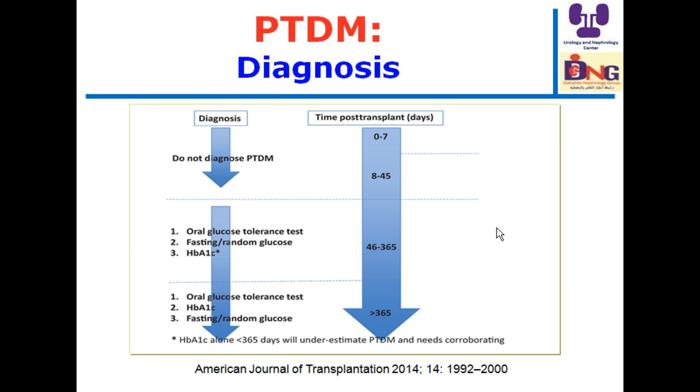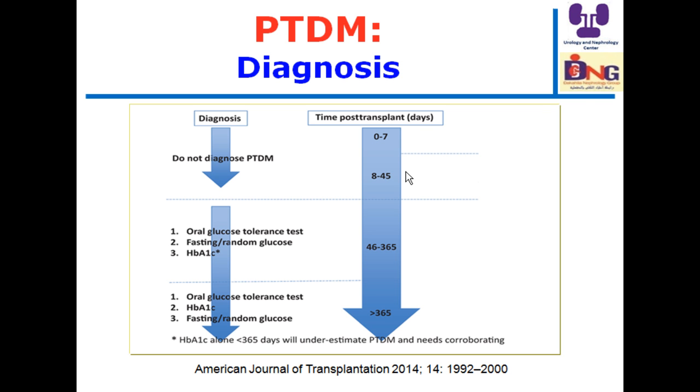So what about the diagnosis? Diagnosis of post-transplant diabetes is dependent upon the onset of hyperglycemia and its persistence. If it is restricted only to the first 45 days, 1.5 months, or 6 weeks after transplantation, it is not enough to diagnose post-transplant diabetes, but we can say transient post-transplant hyperglycemia.